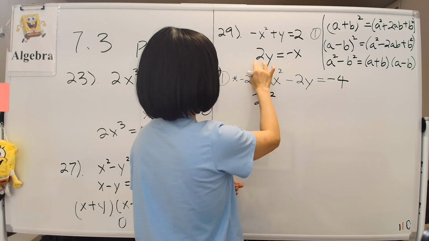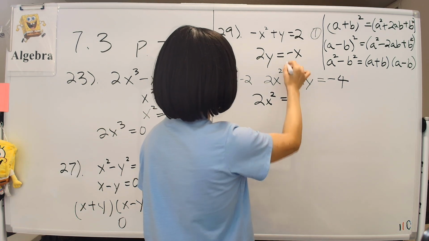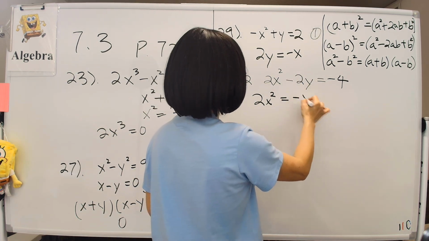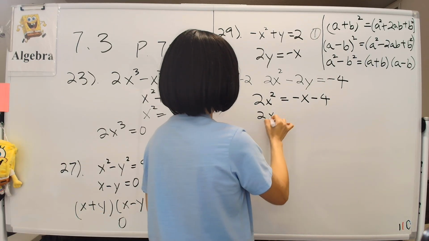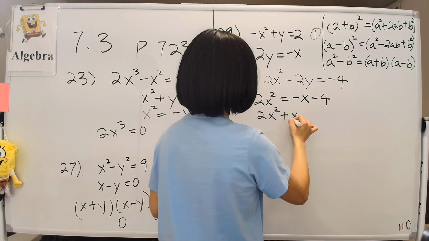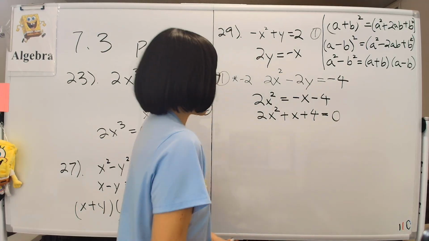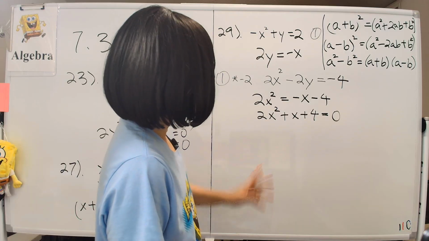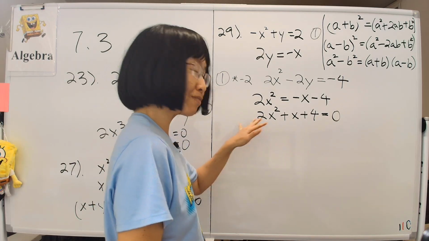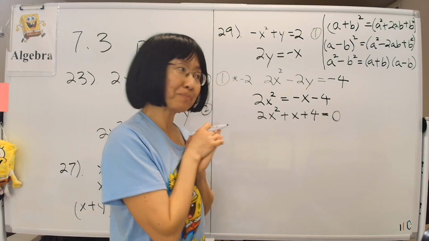The y's disappear, and that side becomes minus x, and then minus 4. Or write it another way, 2x squared plus x plus 4 equals 0. And that does not look good to me. I don't think we can pull that factoring trick. I think we're going to get our good old quadratic formula again.